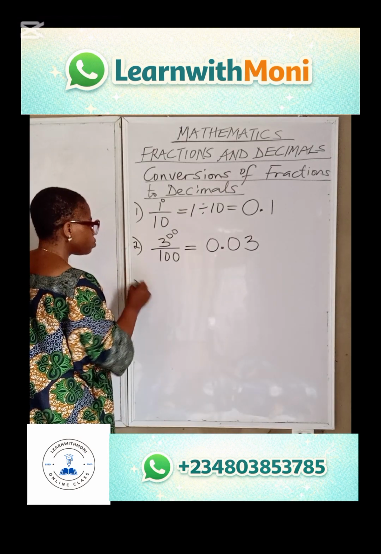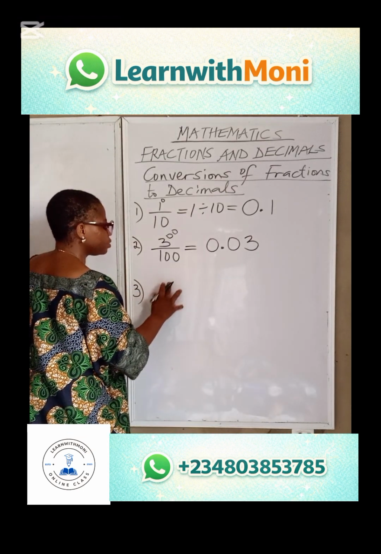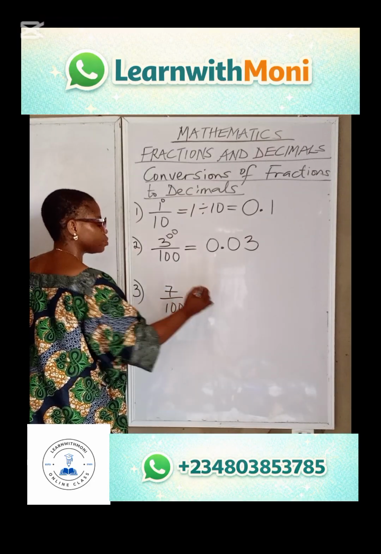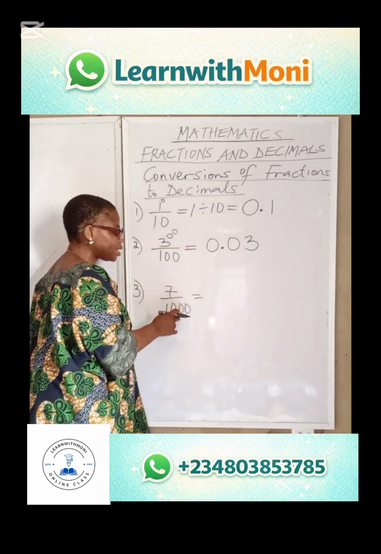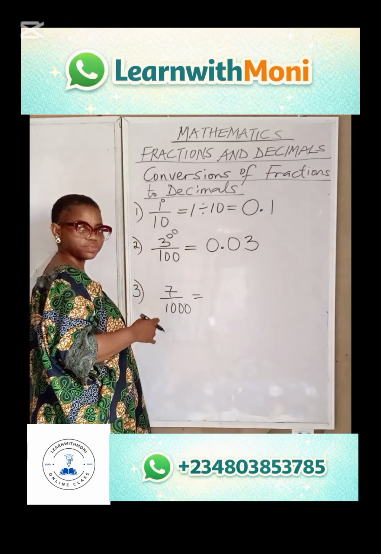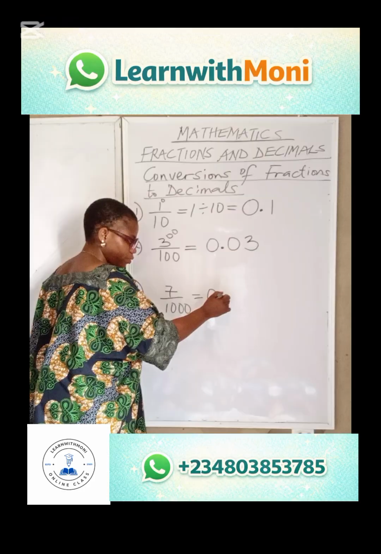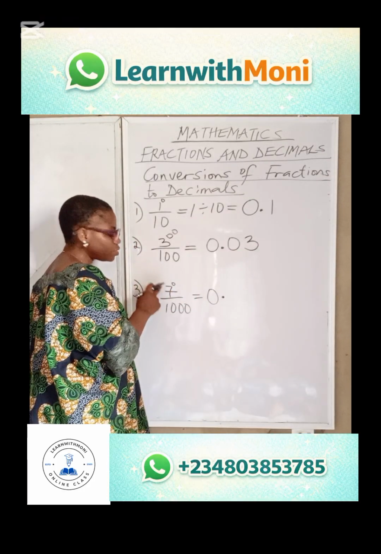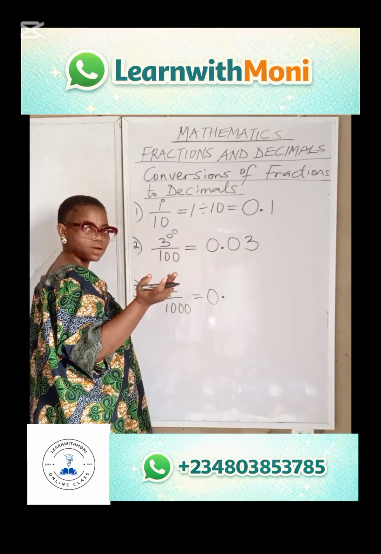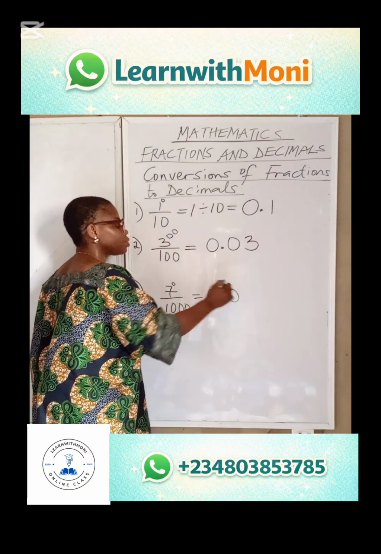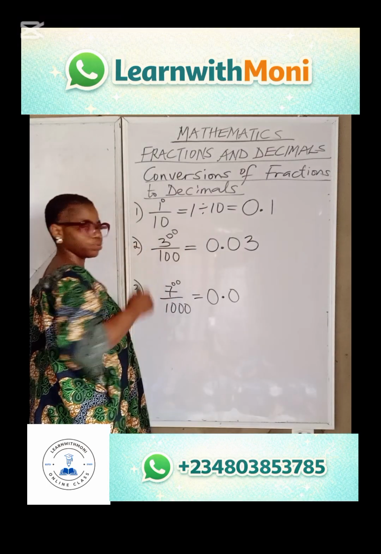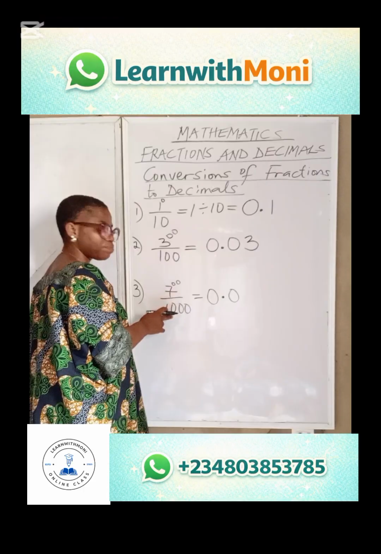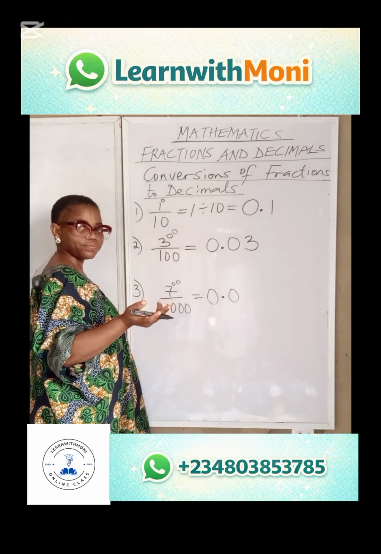What about a case where I have 7 over 1000? 7 divided by 1000. I can't get 1000 from 7. So I'll put 0 point and put an invisible 0 beside the 7. 70 divided by 1000. I can't get 1000 from 70. I put another 0 and put an invisible 0 behind that 70. It is now 700. 700 divided by 1000. I can't get 1000 from 700.